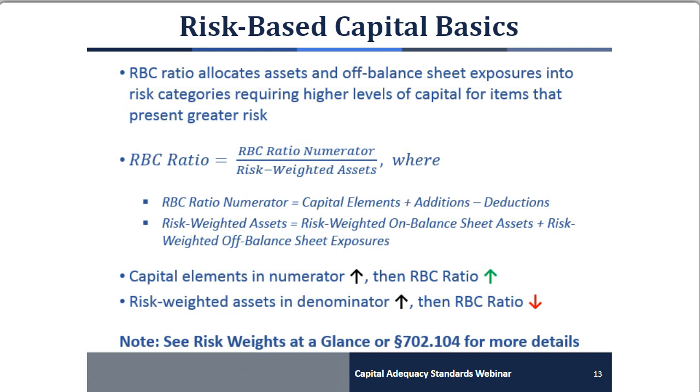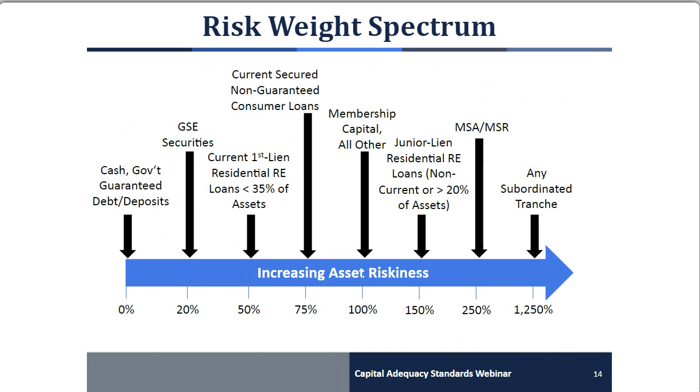Next slide, please. This slide shows the spectrum of risk weights with some examples to show where common assets fall on the spectrum. As you would expect, cash and guaranteed deposits have a zero risk weight as they represent essentially zero risk. On the other end of the spectrum, subordinated tranches are much more commensurate with risk at 1,250%. Current first lien residential mortgages that are not overly concentrated are 50%, while junior lien mortgages that are delinquent or overly concentrated are much higher at 150%.